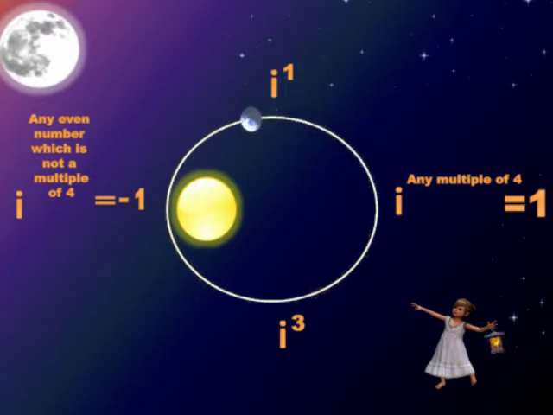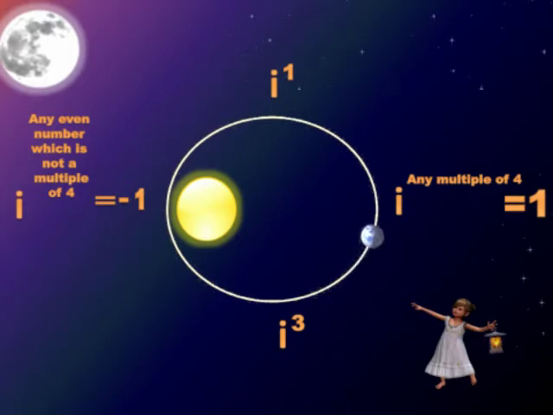Now i raised to any even number which is not a multiple of 4 will be equal to minus 1. This is i raised to 2, i raised to 6 will be minus 1, i raised to 10 will be minus 1, i raised to 14 will be minus 1, i raised to 18 will be minus 1, and you can put any number like 202 for example. 200 is a multiple of 4, so it will be equal to 1, but i raised to 202 will be 2 more rotations of 90 degrees in the anti-clockwise direction, so it will come to minus 1.